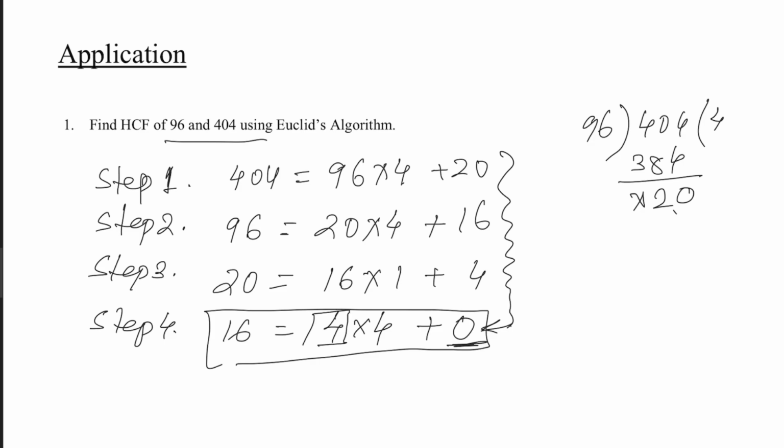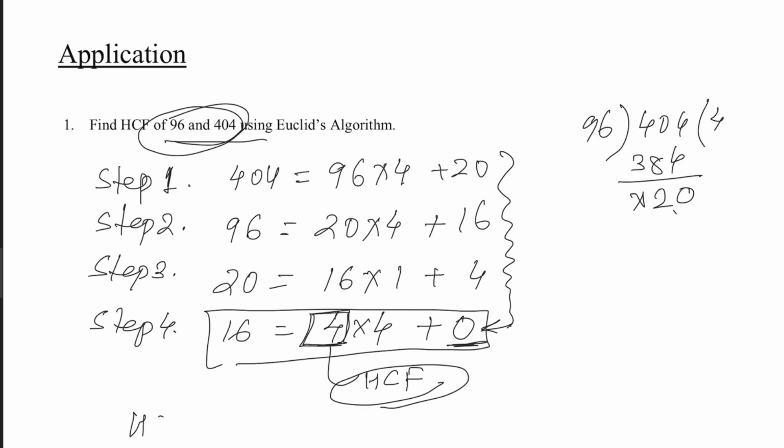So the divisor in this step, this is the divisor, is considered as the HCF. So the HCF of 96 and 404 is equal to 4.